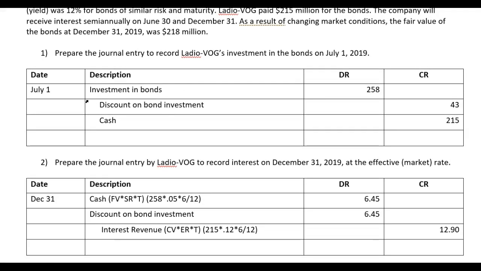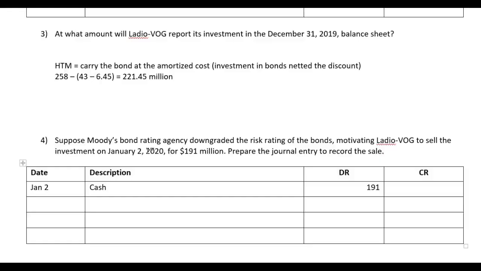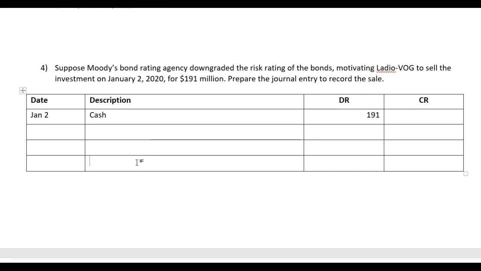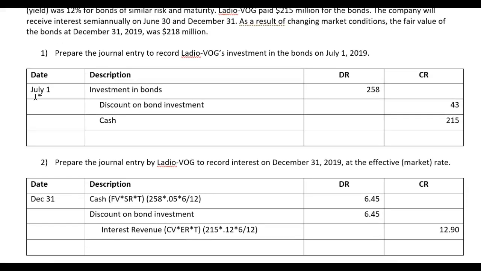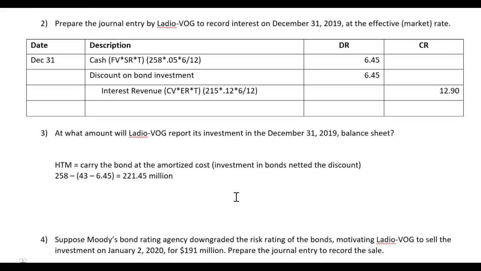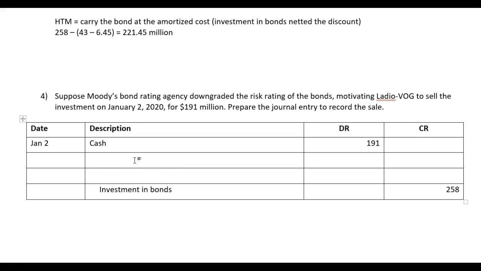So when we take it off, if there's any discount left, we have to remove both pieces, just like getting rid of any asset. So I know I have to get rid of my investment in bonds, and that was carried at face, so 258. Also notice we still have this discount account. It has a credit balance, not 43 because we netted with the 6, but it has a credit balance. To get rid of that, we need to debit the discount on bond investment.